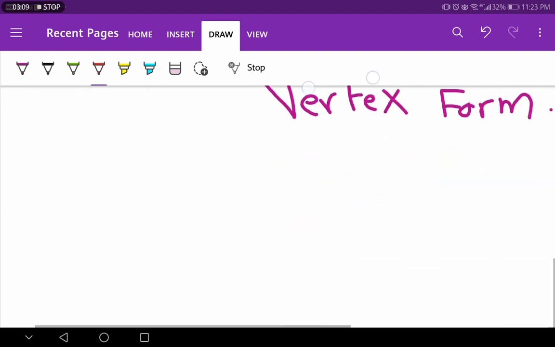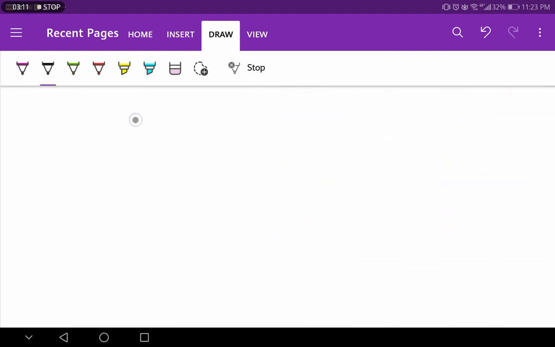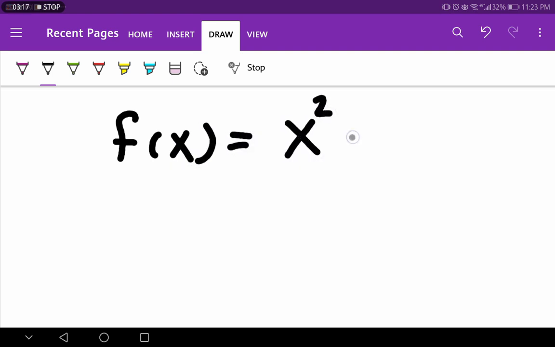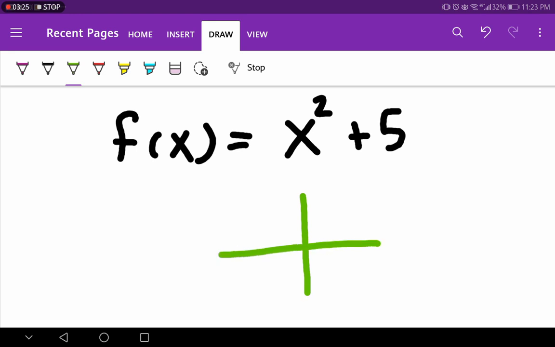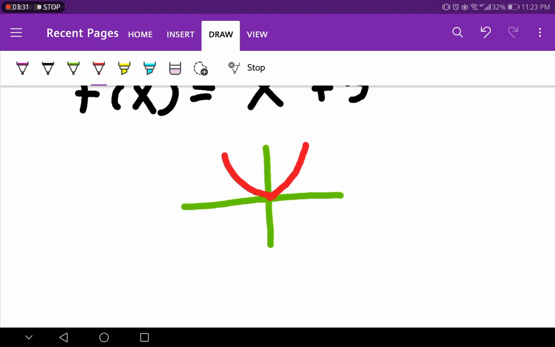So if I want to graph f of x equals x squared plus 5, you just draw the parent. This is the parent, and actually you will move the parent.